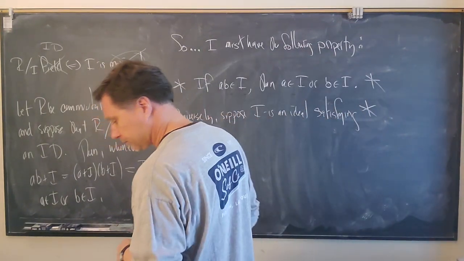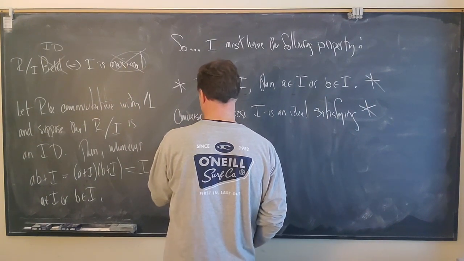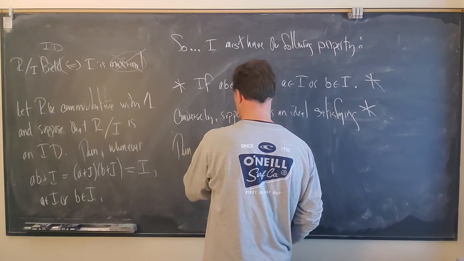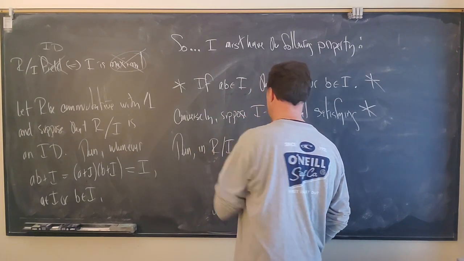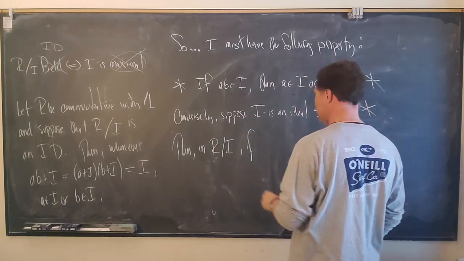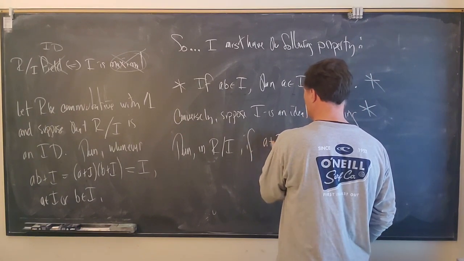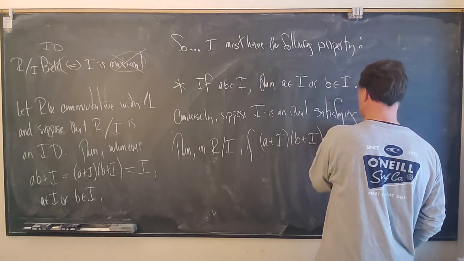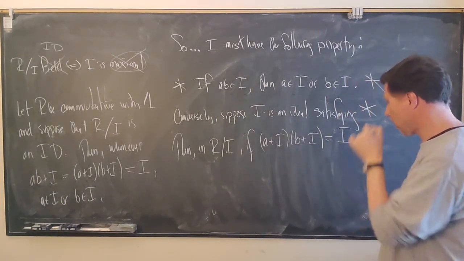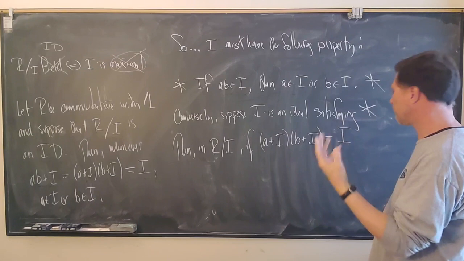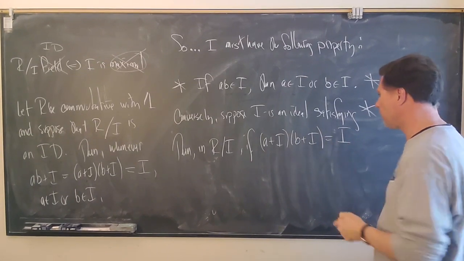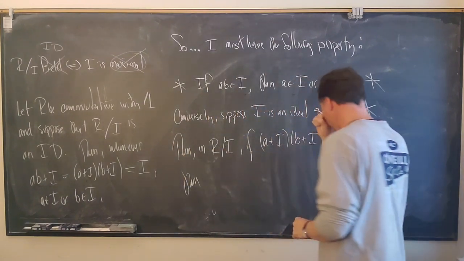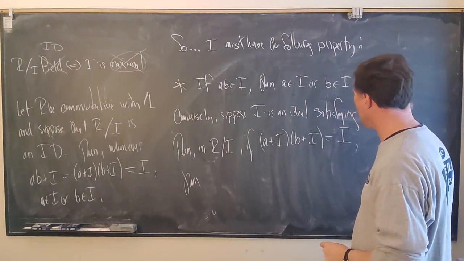So then, in the quotient, if we have a situation where A plus I times B plus I is equal to the identity, the trivial coset 0 plus I, then what does that mean?